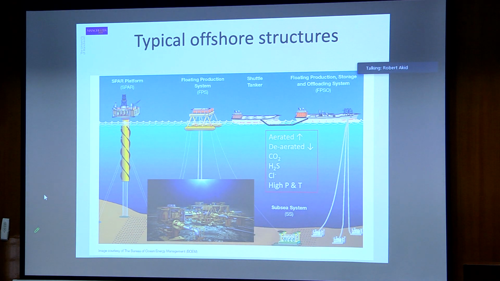But there's also carbon dioxide, hydrogen sulfide, chloride, and these environments can be at normal or at high pressure and temperature. So there's a whole range of environments that can lead to different types of corrosion behaviour.